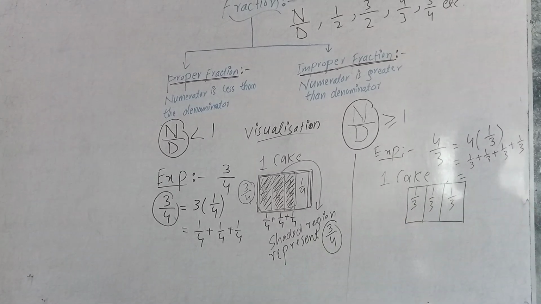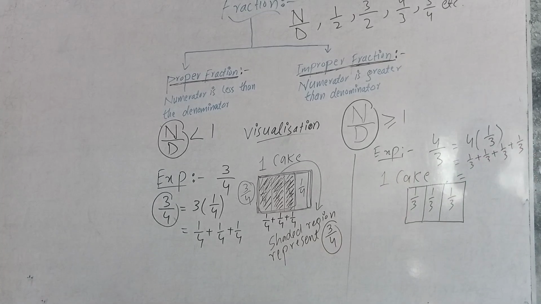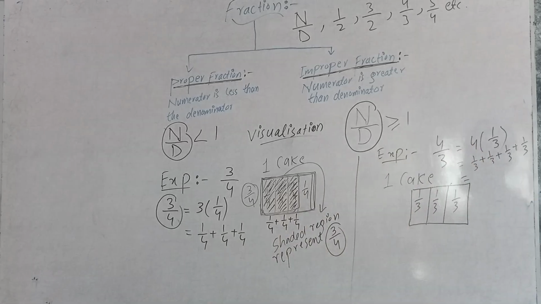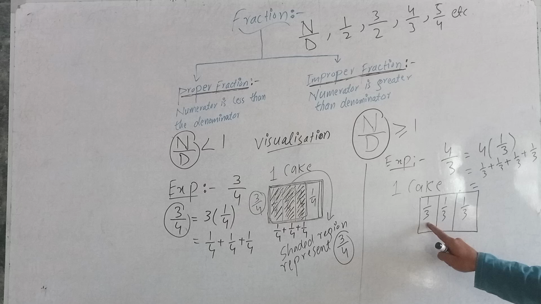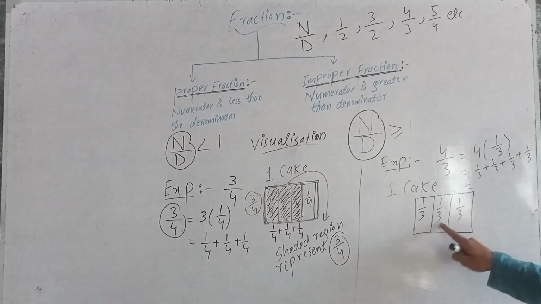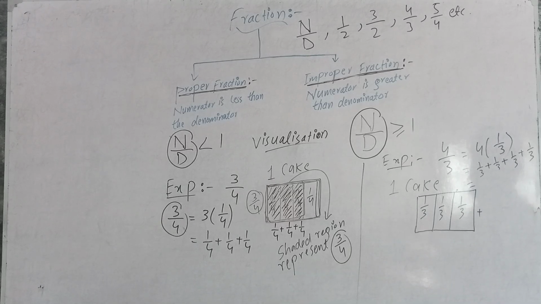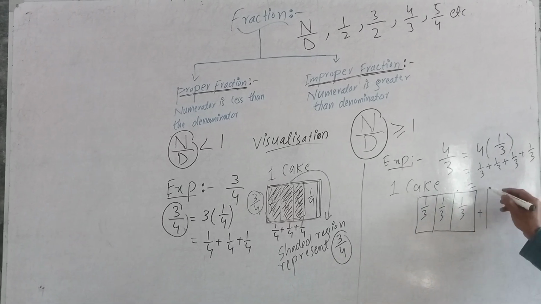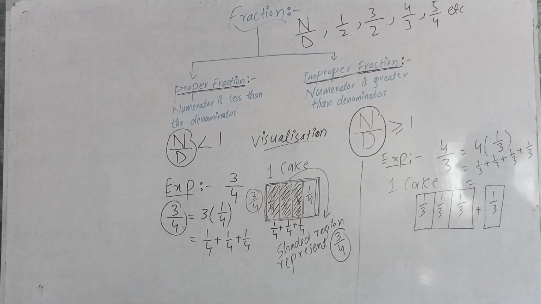So this implies 1 over 3 plus 1 over 3 plus 1 over 3 plus 1 over 3, which is equal to 4 by 3.